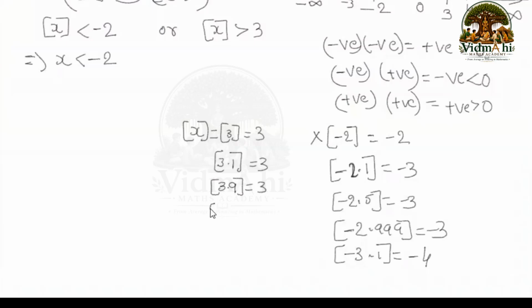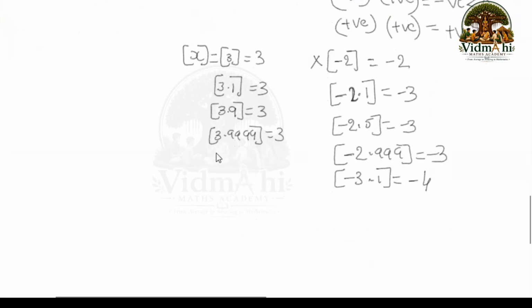What is greatest integer of 3.99999? That is also 3. What is greatest integer of 4? Exactly 4. What is greatest integer of 4.1? 4. What is greatest integer of 4.8? There also 4.